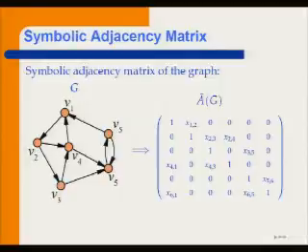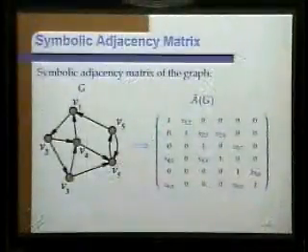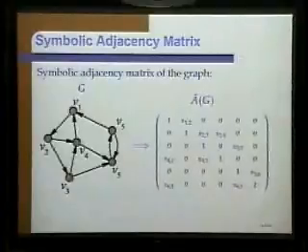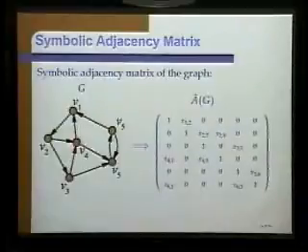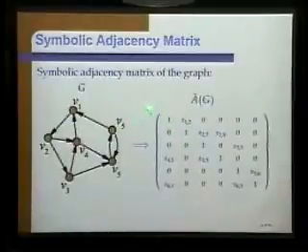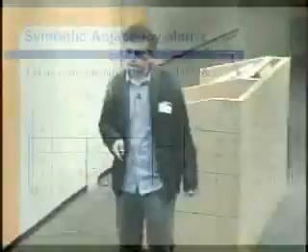And the idea here is again similar. You take the graph and encode it into some matrix. The encoding goes as follows. You take the graph, and for each directed edge, like the edge going from V1 to V2, you put a variable. And on the diagonal, you put ones.